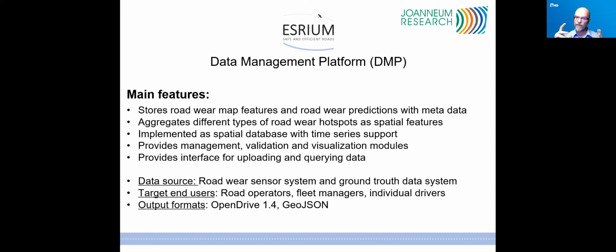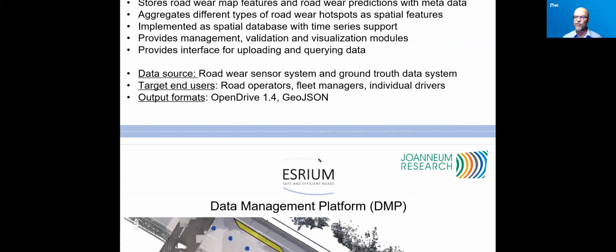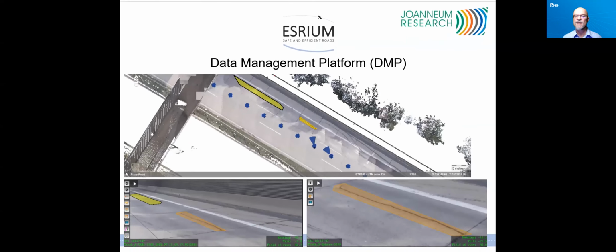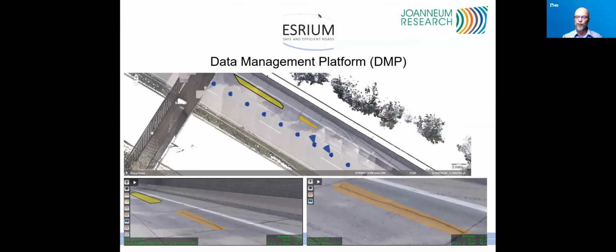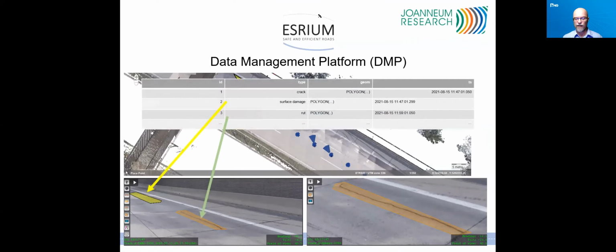Now, we have the basic understanding of the data management platform, but we've been talking about what it represents. So it is important to see that perceived roadware features are stored using unique IDs, identified, classified. They are also represented by polygons, polylines, etc. And each has its unique timestamp, because it is important for prediction.